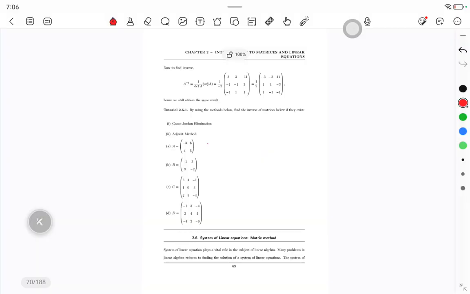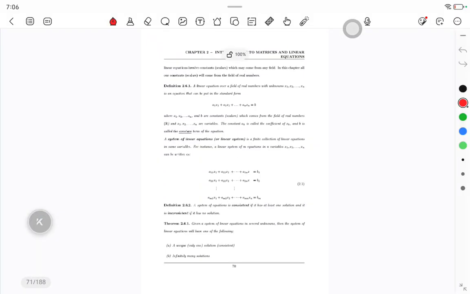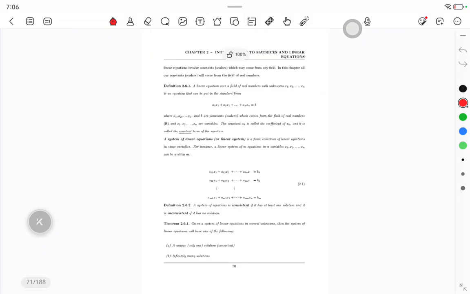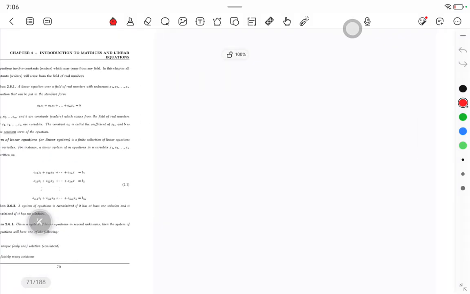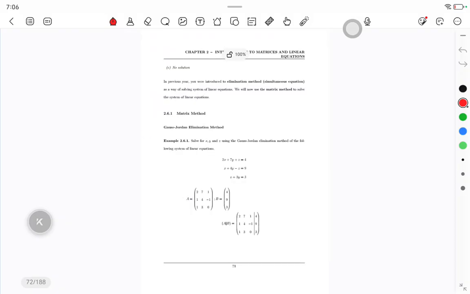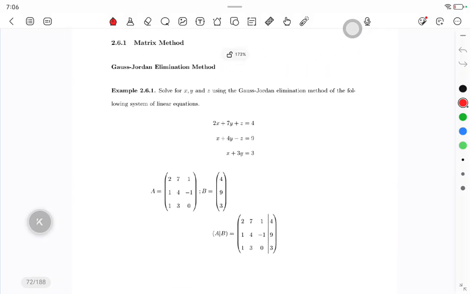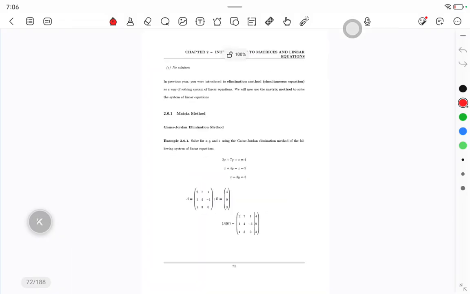So it means that when we meet tomorrow, we're gonna be doing the systems of linear equations, where we'll talk about the no solution, unique solution, infinitely many solutions, right? We'll talk about the system that is consistent and the system that is inconsistent, and then we'll see what we get. Matrix method.